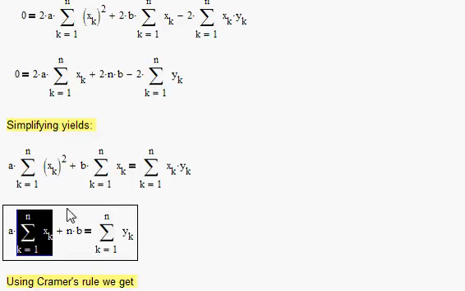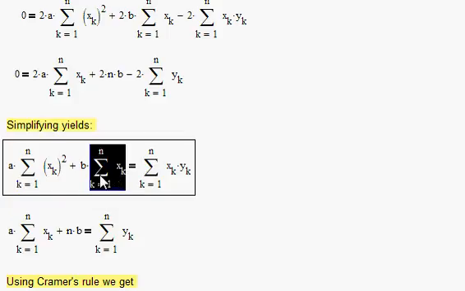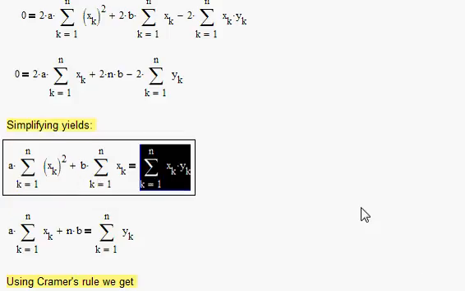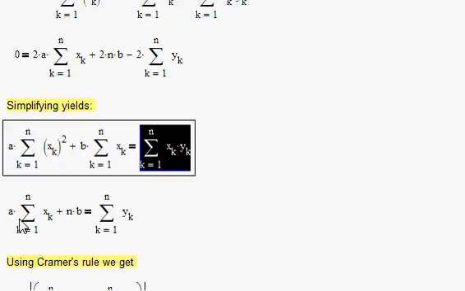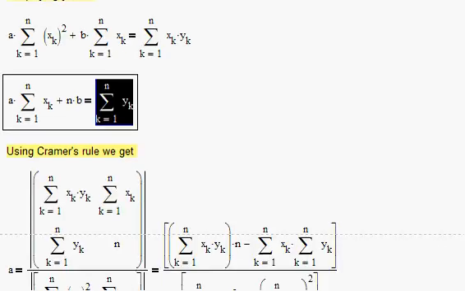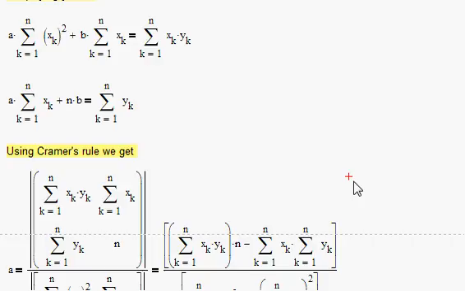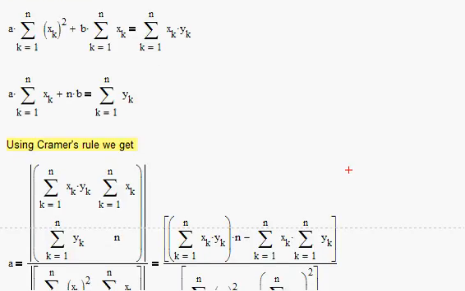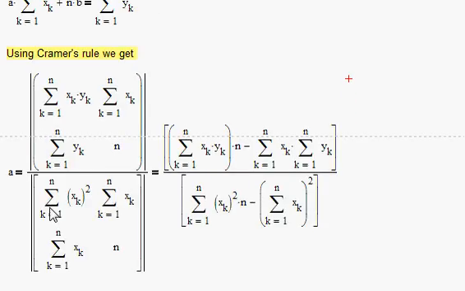Keep in mind, all these summations are just numbers, so we have a number times A plus a number times B equals a number, and this one says a number times A plus a number n times B equals this number. So, using Cramer's rule to solve for A, it is easier to do the denominator first.